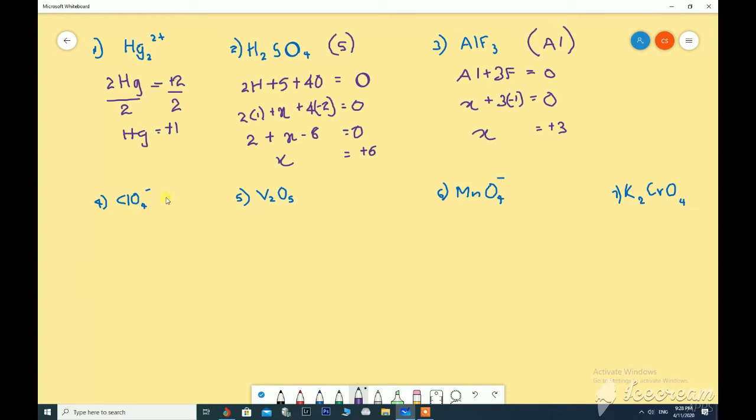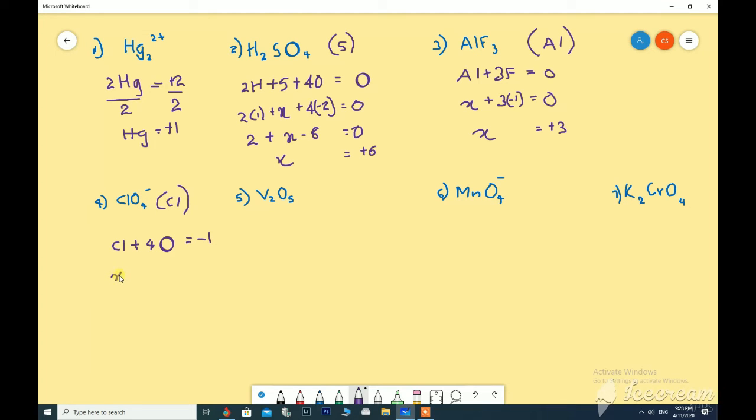Here, let's find the oxidation number of chlorine. Chlorine and 4 oxygen atoms. Their oxidation number sum should be equal to -1 because the charge is -1.